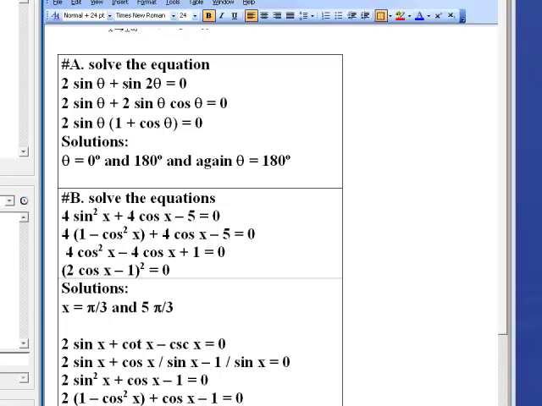Let me actually go ahead and use the graphing calculator on the original one to see if x equals 0 is extraneous. Okay, so let's go over there.